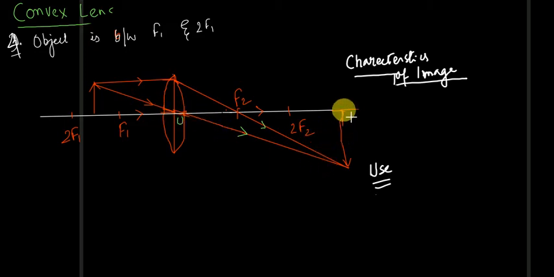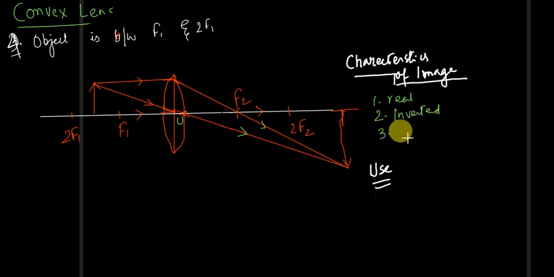As you can see over here, the image formed is beyond the 2f2 point. Here also the image is real, and by the same logic that we used in the previous diagram, it will be inverted.